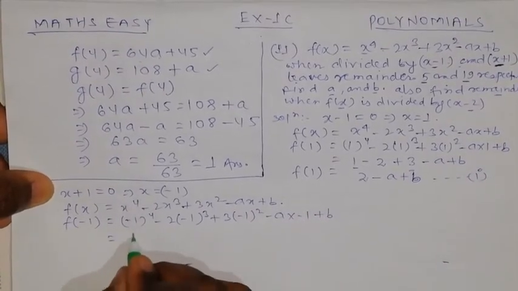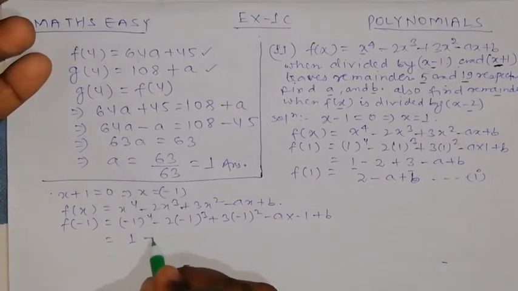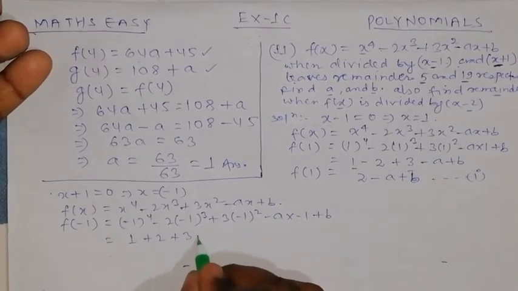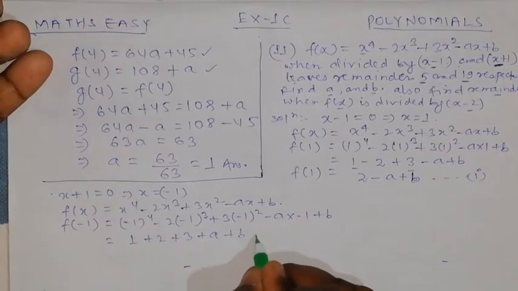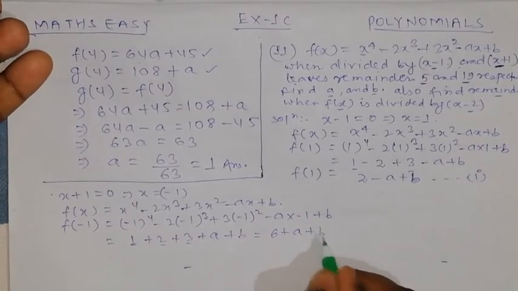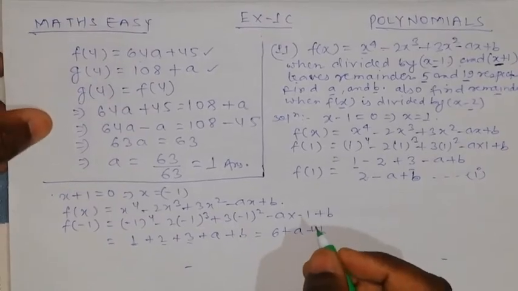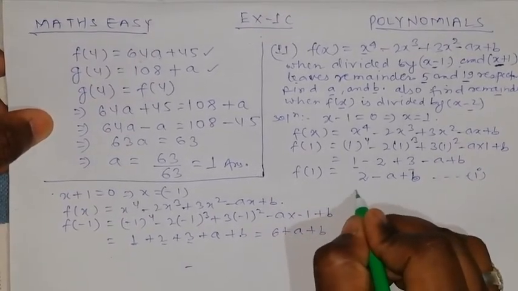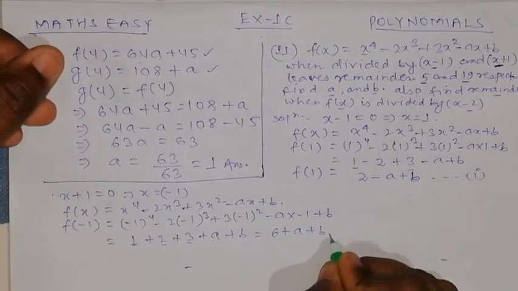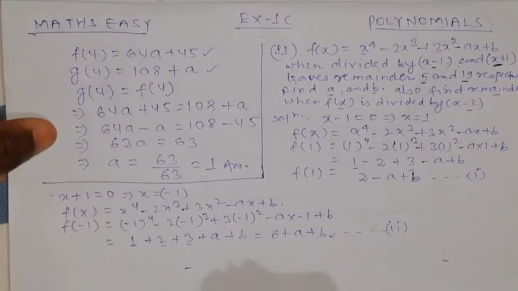That is 1, (-1)^3 is -1 so -2 times -1 is +2, plus 3, and -a times -1 is +a, plus b. That equals 1 + 2 + 3 = 6, so 6 + a + b, and here it gives the remainder 19. This is equation number 2.